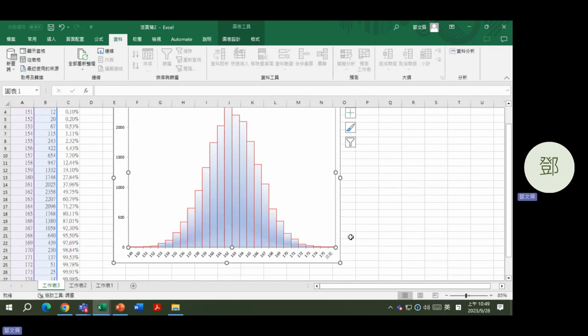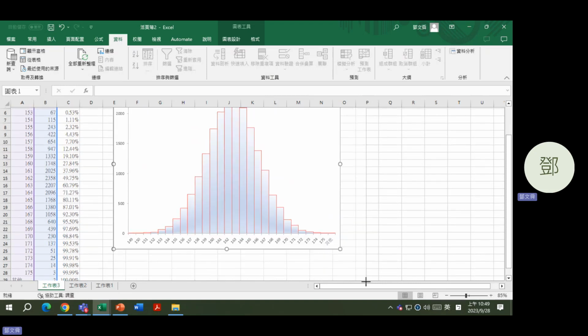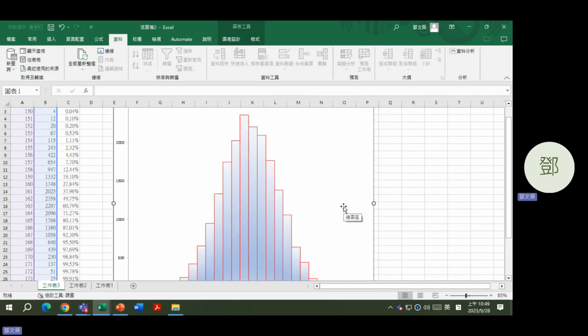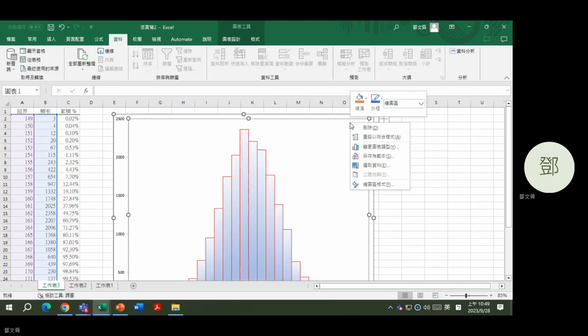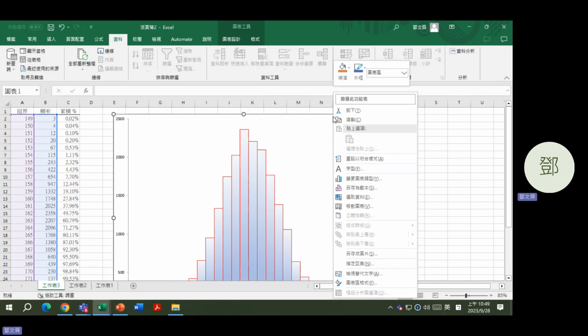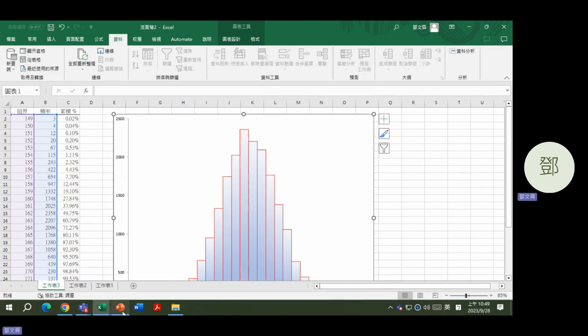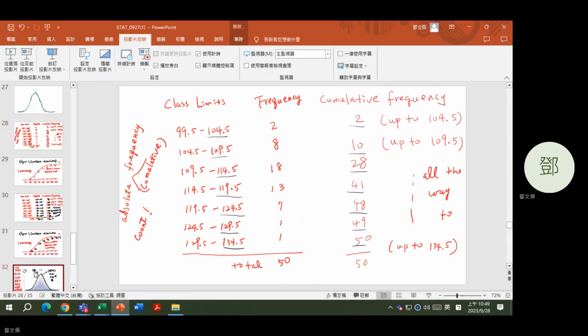I think I have plotted this last week. And copy and paste here.